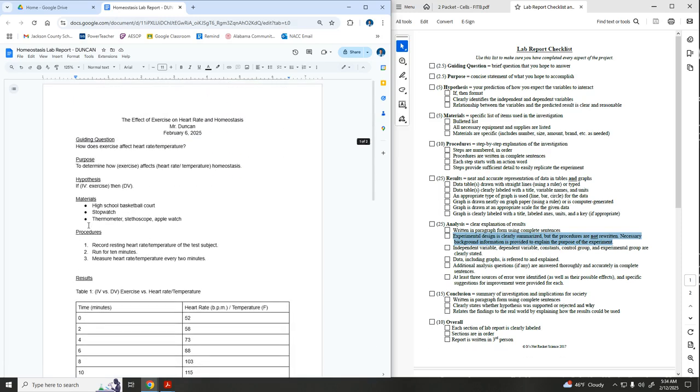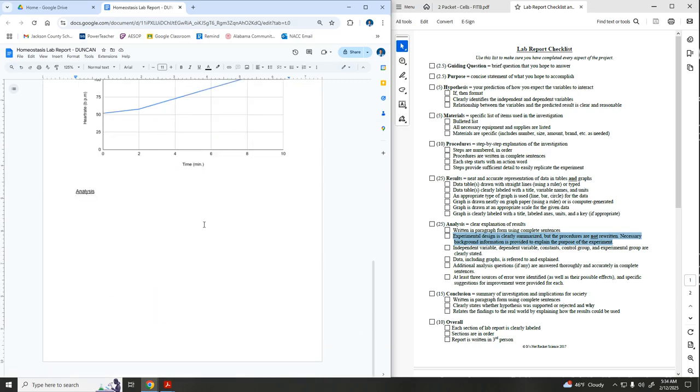So let's just summarize what we did. I'm going to go back and look at my hypothesis to determine how exercise affects heart rate or temperature homeostasis. So if you exercise, then heart rate or temp will increase. So this experiment tested the effects of, I'm going to take Google's hint here, and you put what your exercise was, and then you put what you tested.